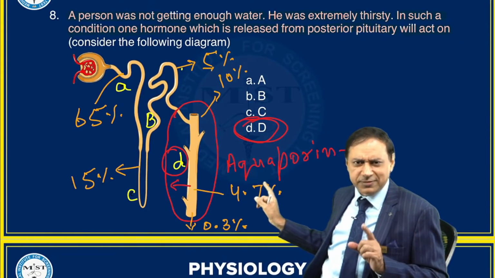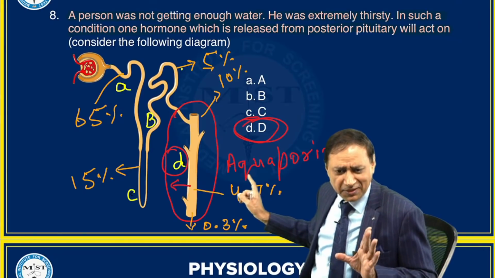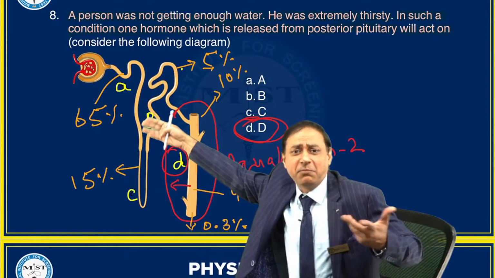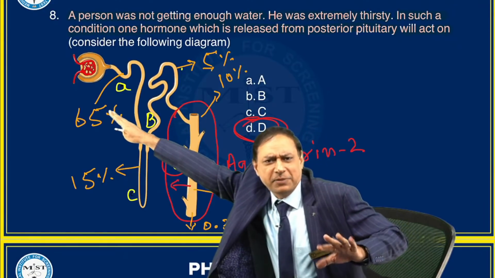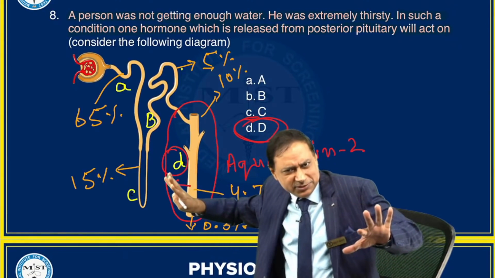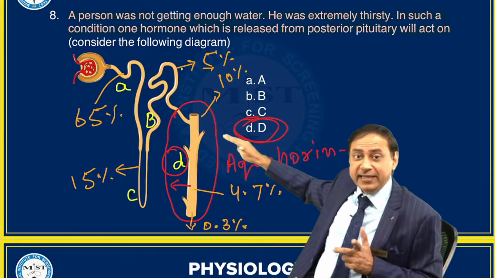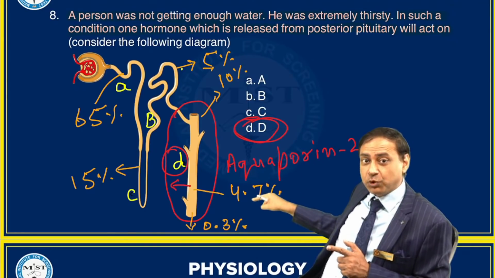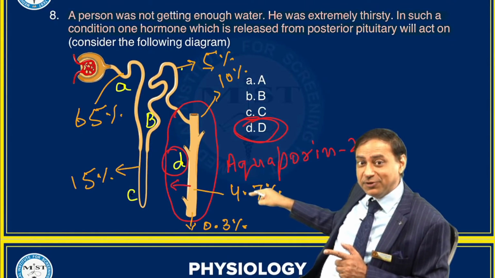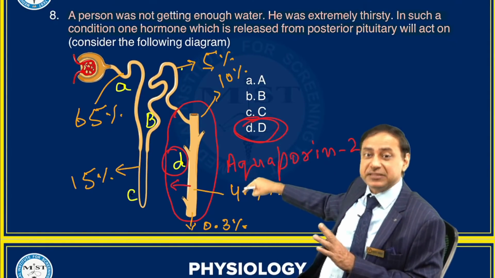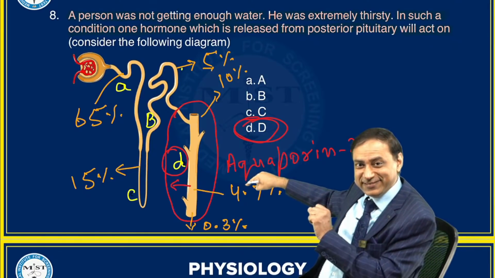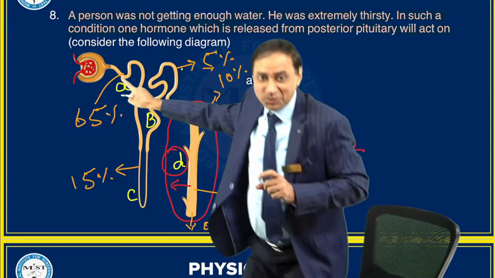I'm not explaining that thing. If somebody asks you from where maximum water is absorbed, it is 65% in the PCT, but that is a different issue. ADH will control 10% plus 4.7%, so roughly this 15% is under the control of ADH. The rest is not controlled by ADH.